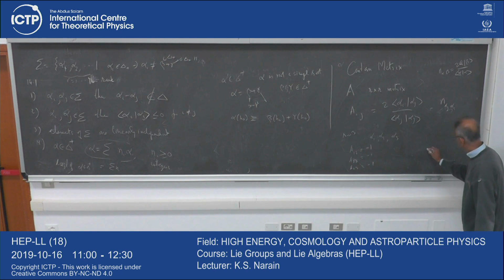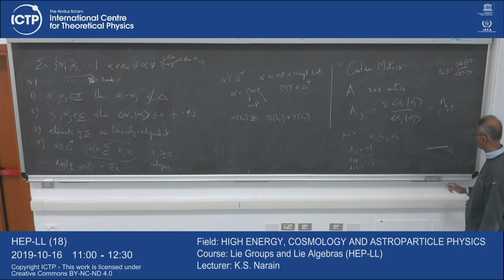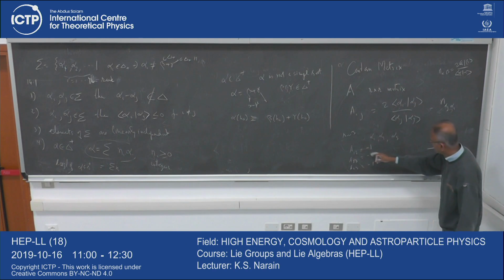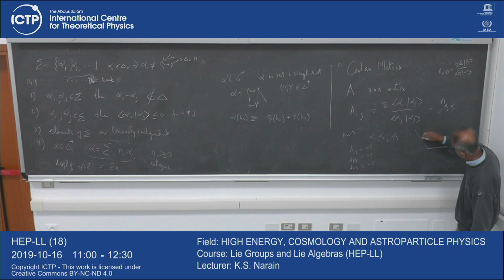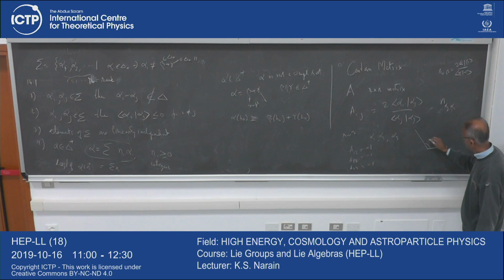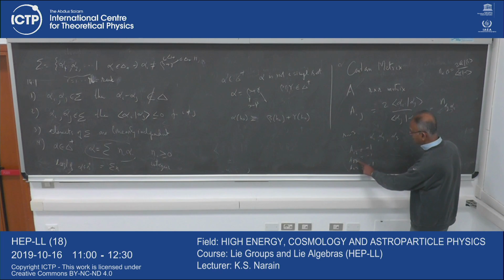So try to draw it. For the first line I choose some direction; let's say this is alpha 1. Then alpha 2 should be 120 degrees from it. This is alpha 2. Alpha 3 is going to be 120 degrees with respect to both 1 and 2.